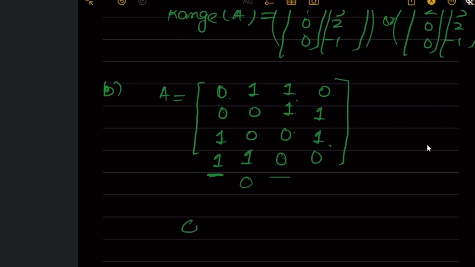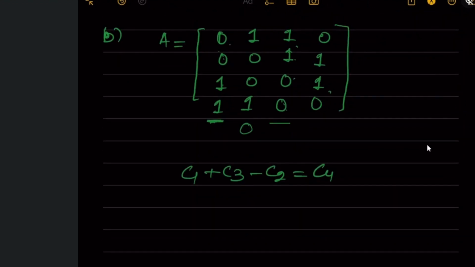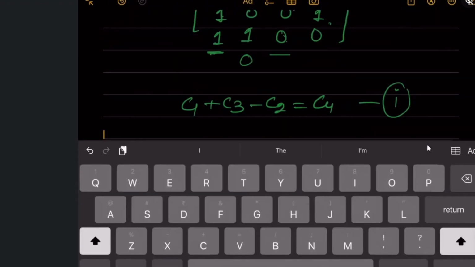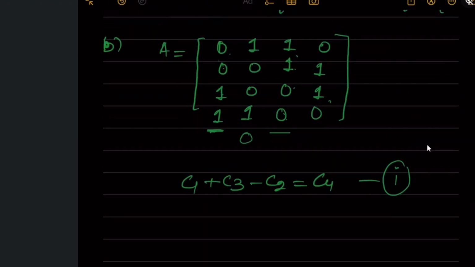So C1 plus C3 minus C2 is going to be C4. So we have only one equation. One equation, four unknowns means you can choose three, and you will get the value of the fourth one.